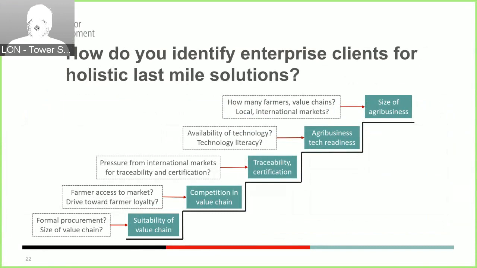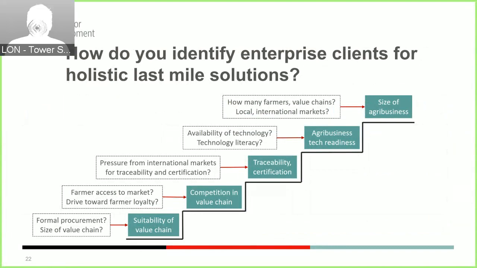So, coming almost to the end of this webinar: as an MNO or tech provider targeting the agricultural vertical, how do you identify enterprise clients for last mile solutions? This is what the pathway to finding the user or client of a last mile digital solution looks like in our view.